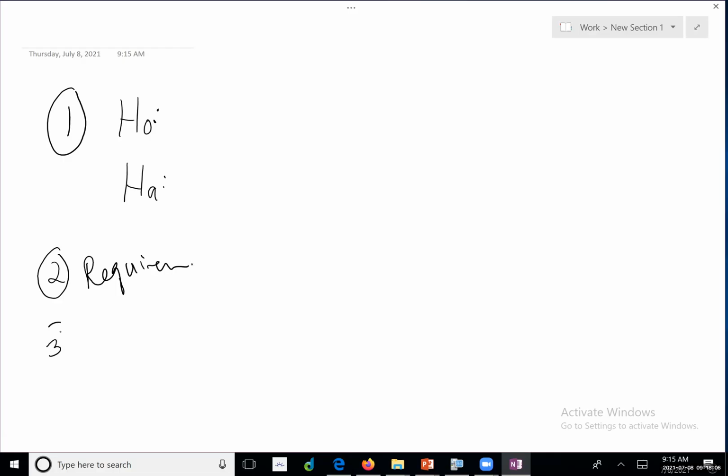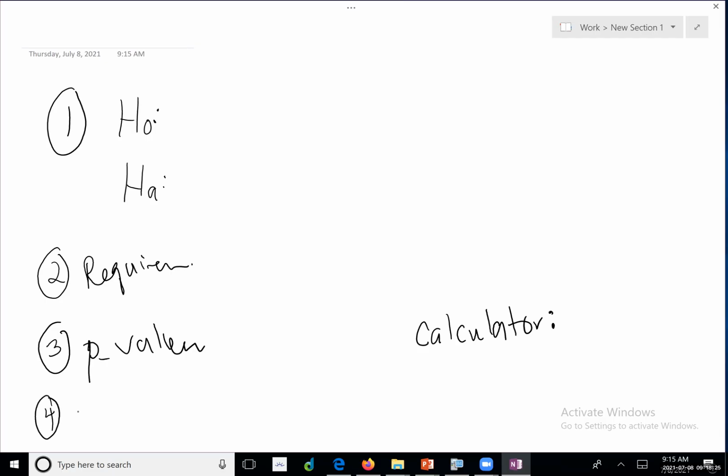Step three is finding the p-value and writing the calculator command, what calculator command you're using. On the test, don't say just calculator. Tell me what command you're using. And then step four is writing the conclusion. So let's get started.